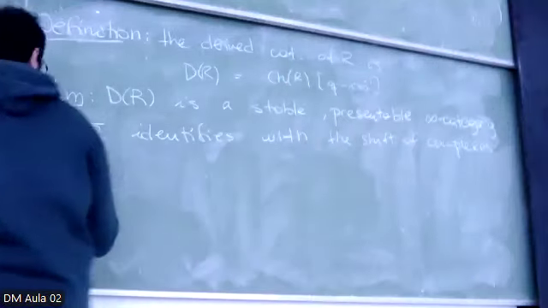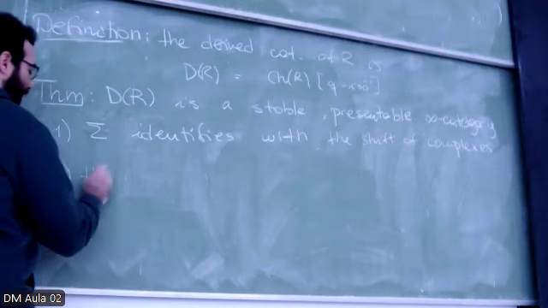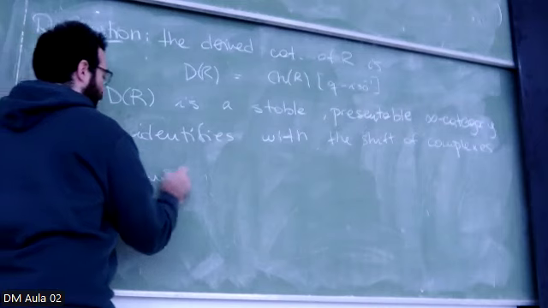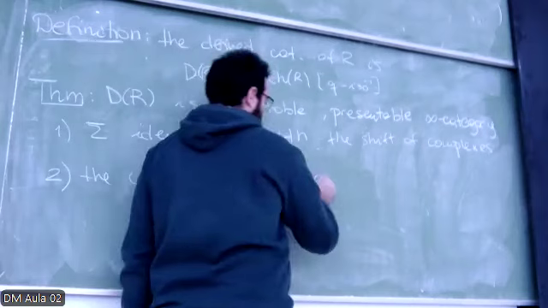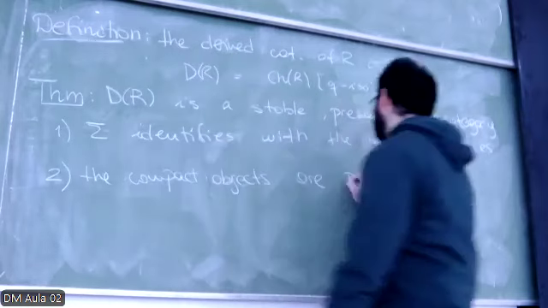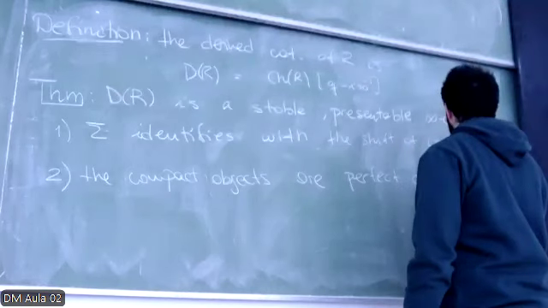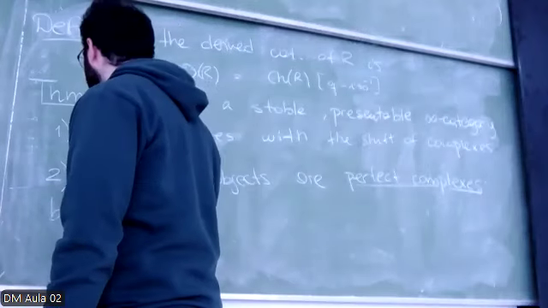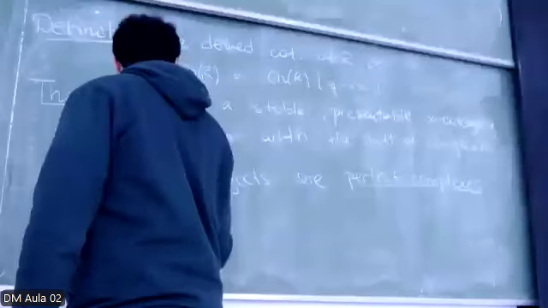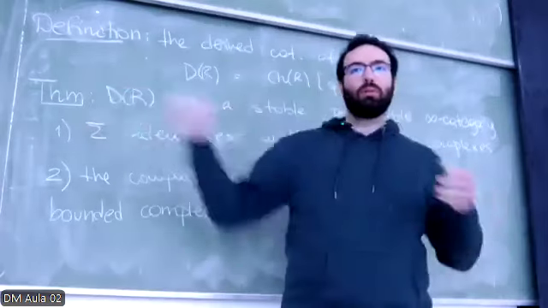And then, while presentable is a more complex statement, let me only say that the compact objects are perfect complexes. And these are bounded complexes, meaning up to some point, they're eventually zero on both sides.